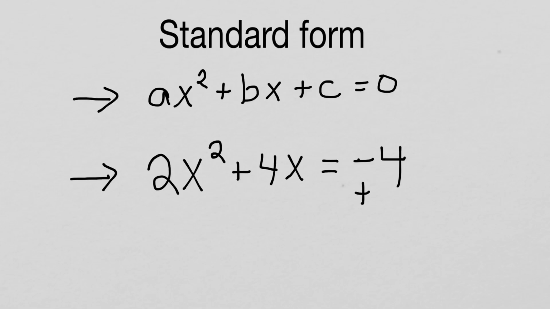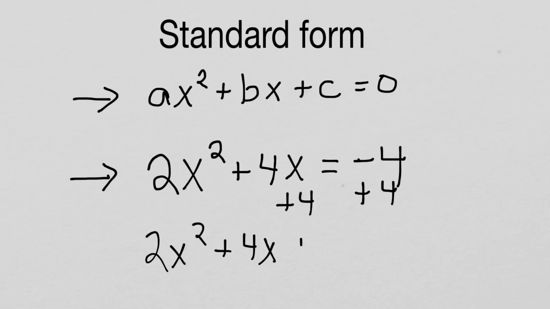So I'm going to add 4 to both sides. If I do that, I end up with 2x squared plus 4x plus 4 equals 0. A equals 2, b equals 4, and c equals 4.